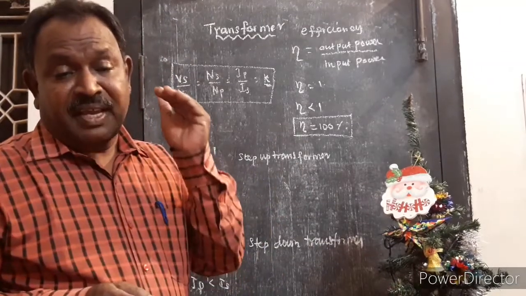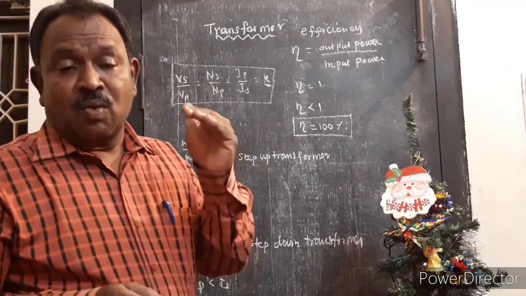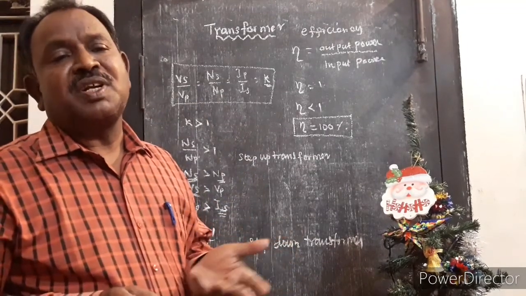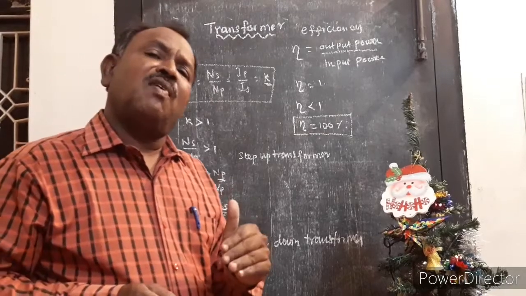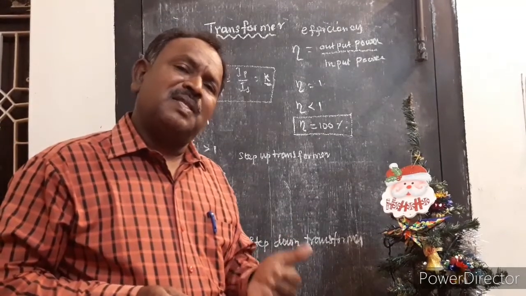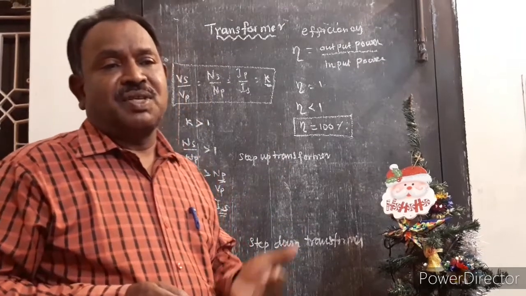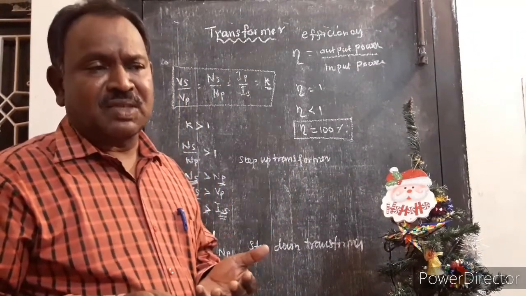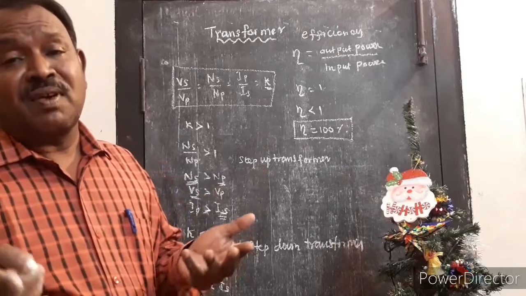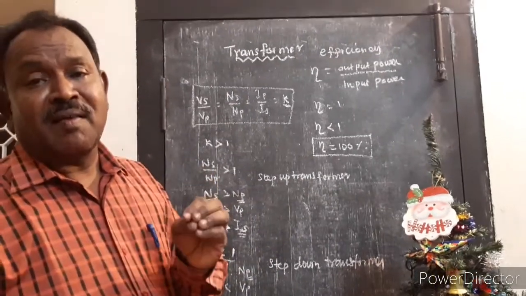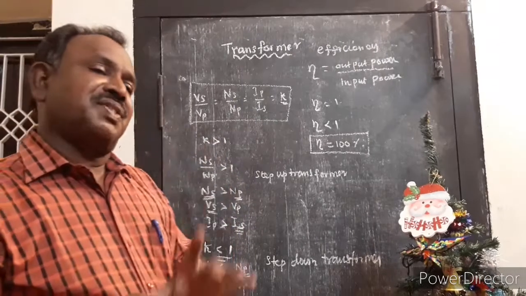This flux leakage is minimized when one coil is wound over the other, using a shell type core. So these are the different losses in the transformer. Because of these losses, no transformer is said to have 100% efficiency.